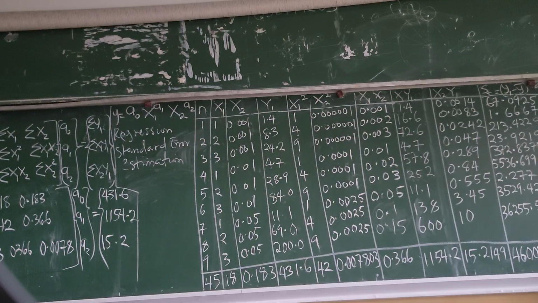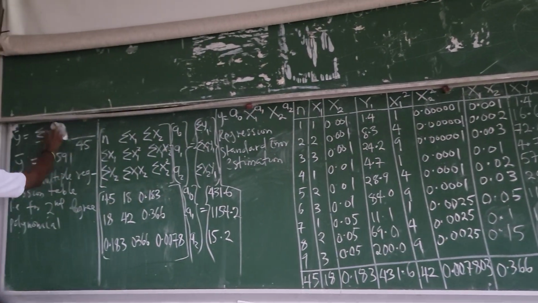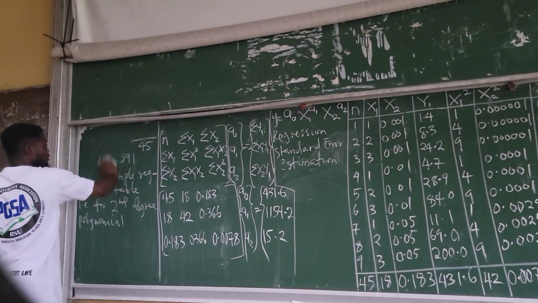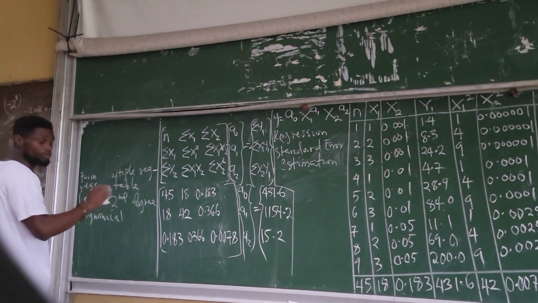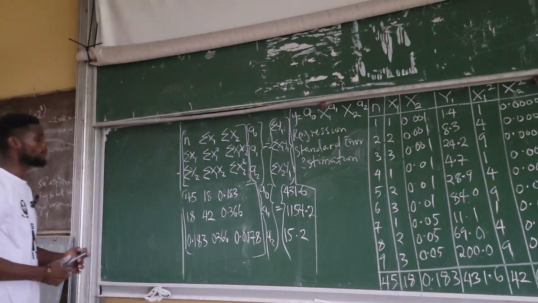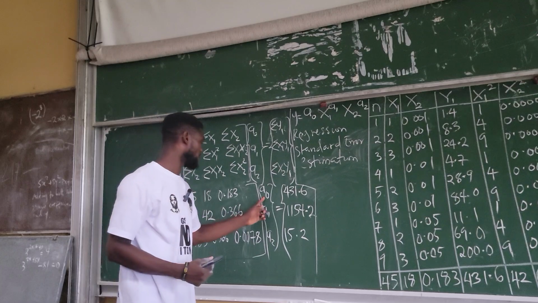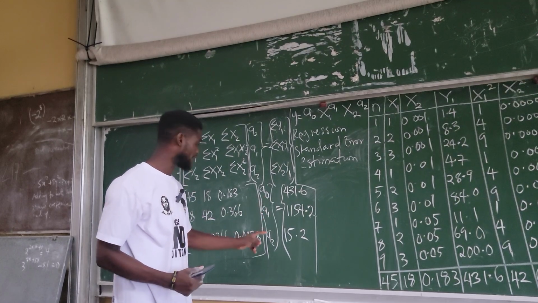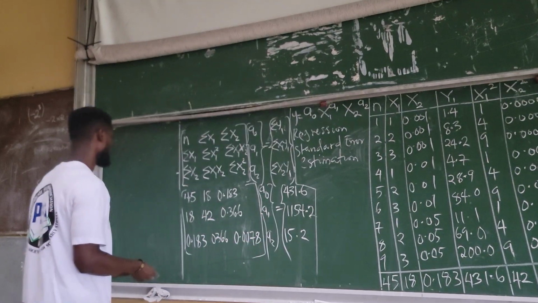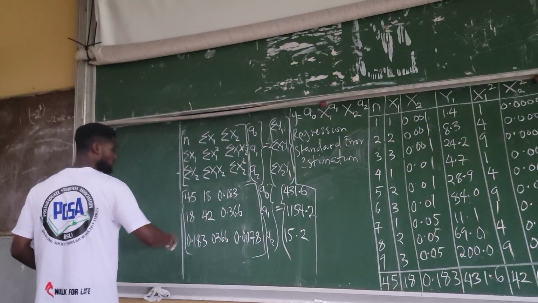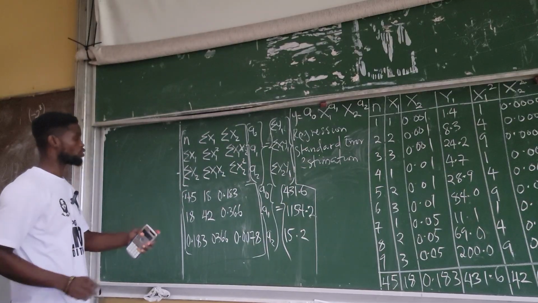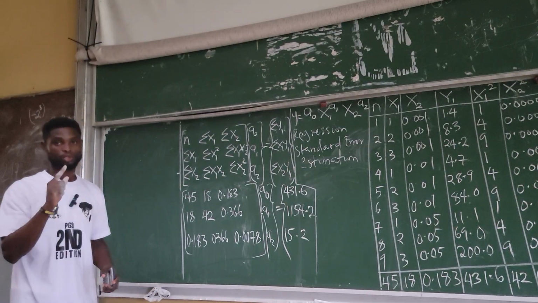We're going to clean this part now. Since we have our y, we're going to clean this part. Now, look at A. We have A subscript 0, A subscript 1, and A subscript 2. So what we do now is turn this equation to Gaussian elimination or Cramer's rule.